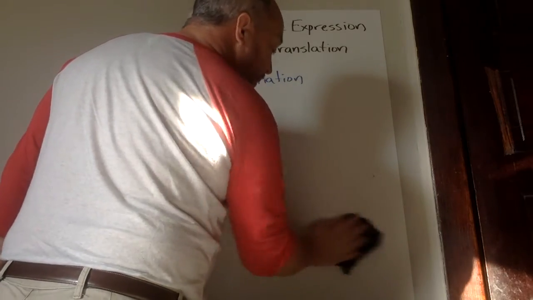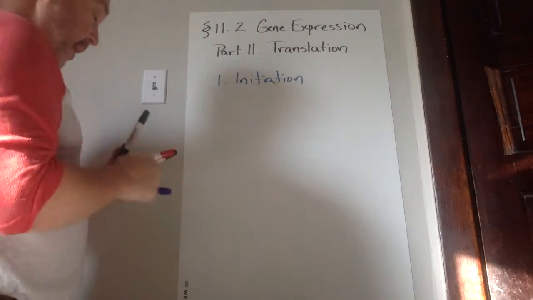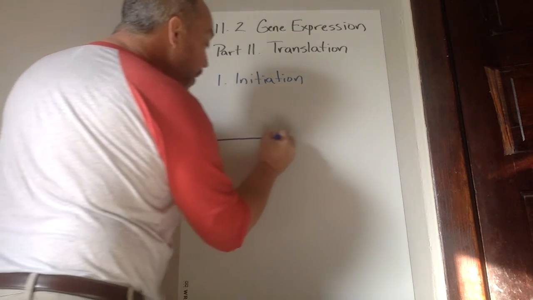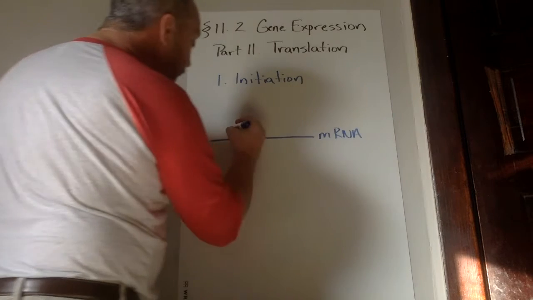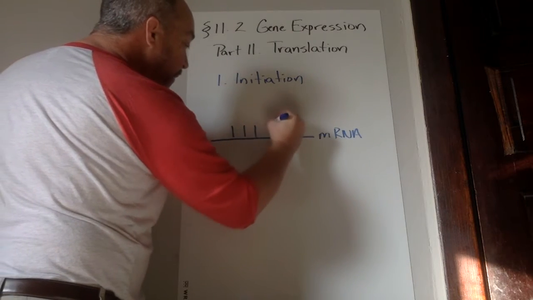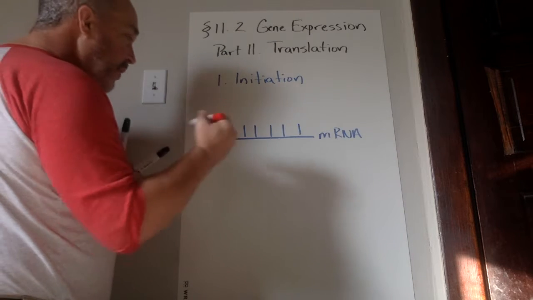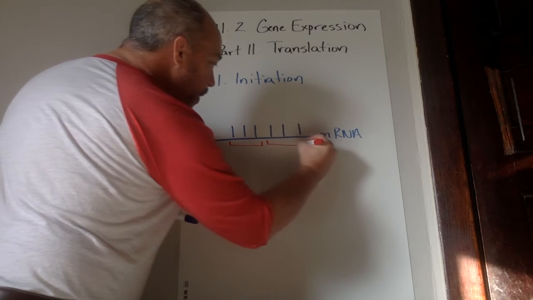I'm not going to draw the ribosome because it just makes the picture a little bit blurry. But if this is my mRNA, my mRNA is going to have codons. Remember, every 3 letters of the mRNA is a codon.